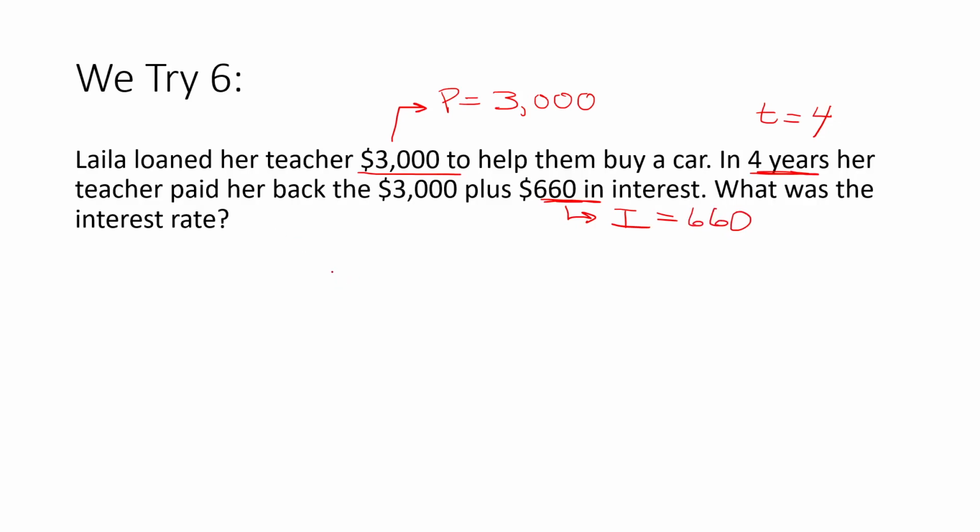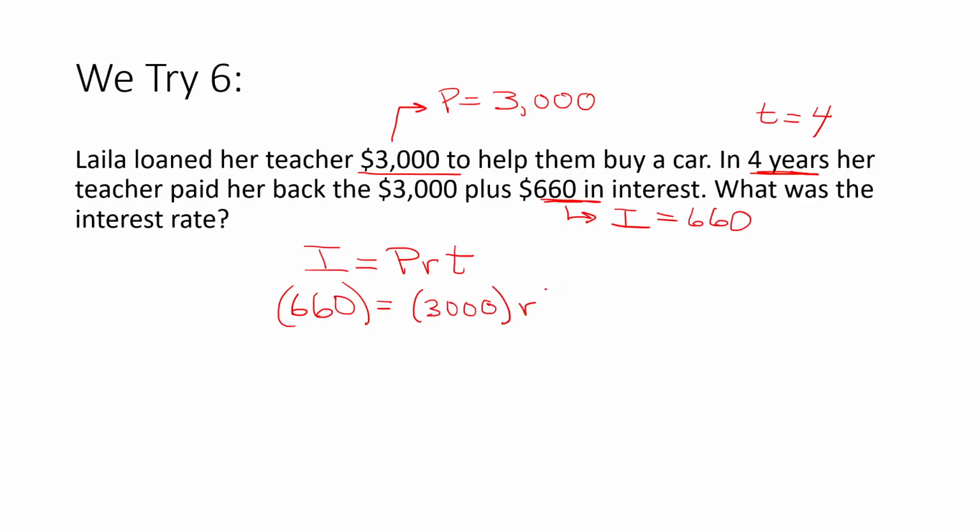So let's see. I'm going to plug them all into my formula. Remember, it's I is equal to P times R times T. And let's see what variable we need to solve for. So I know that my I, that's 660, is equal to 3,000.